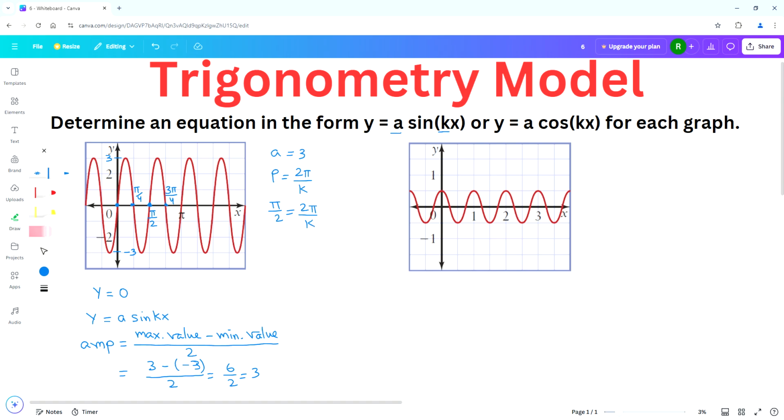We have to solve for k. The first step is to cross multiply the denominators. We can cross multiply the k to the left side and 2 to the right side. Next, we can divide both sides by pi.